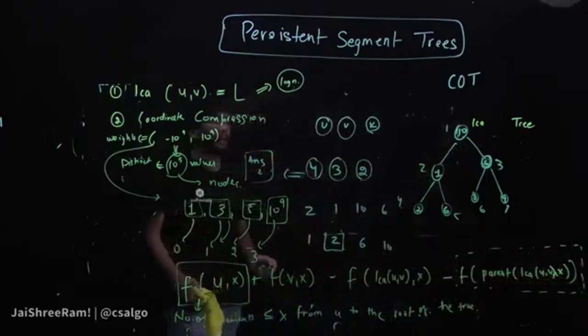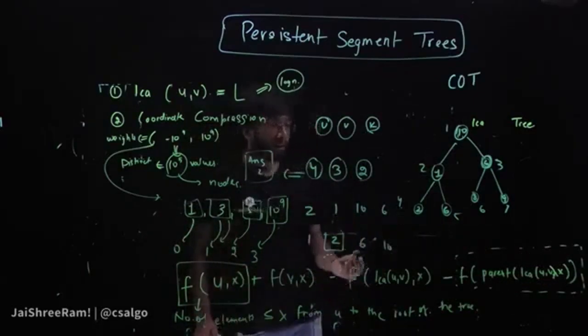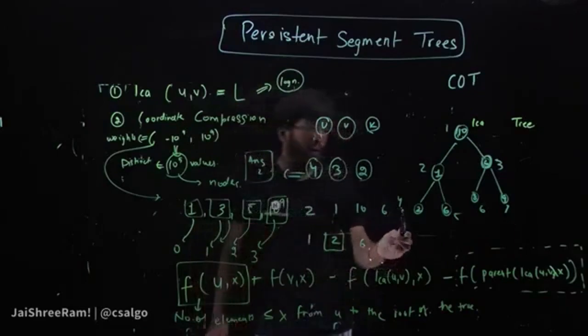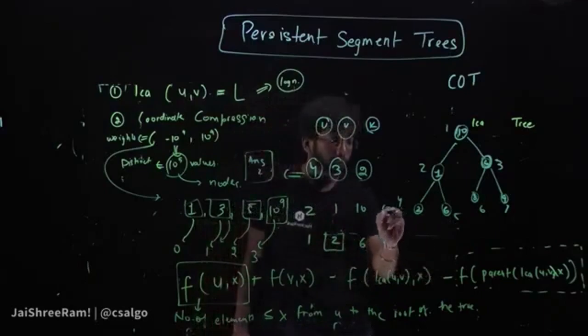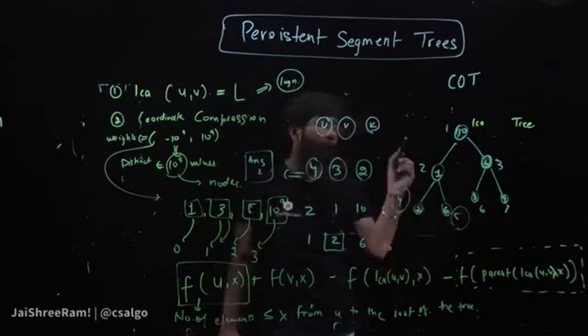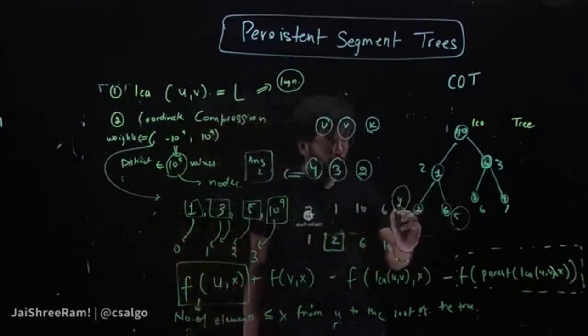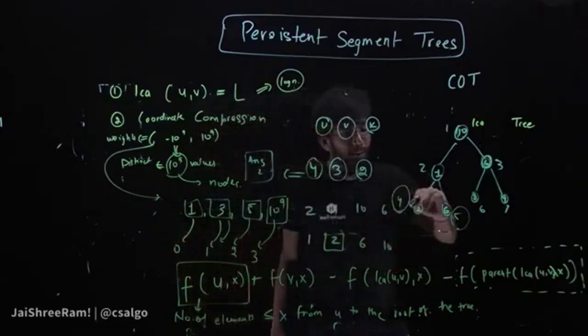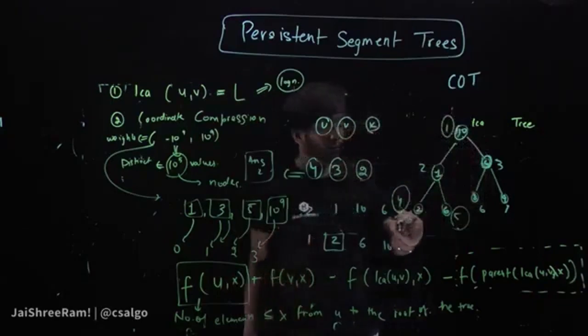So actually, let's assume I had to find all the elements in the path from the node 4 to node 5. Yeah, so I can include all the elements that are from 4 to the root of the tree, which is 1.